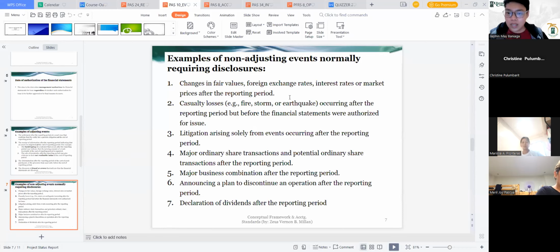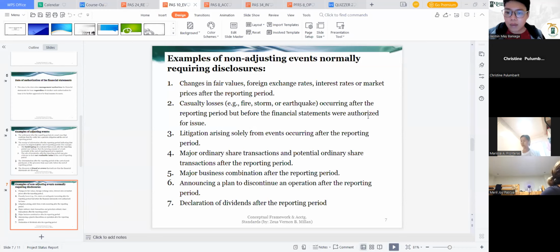So as you can see, if it is happening after the reporting period, it's just a typical notes disclosure. Next one, number 2, casualty losses or fortuitous events like fire, storm, or earthquake occurring after the reporting period, but before the financial statements were authorized for issuance, that is a non-adjusting event. Only notes disclosure.